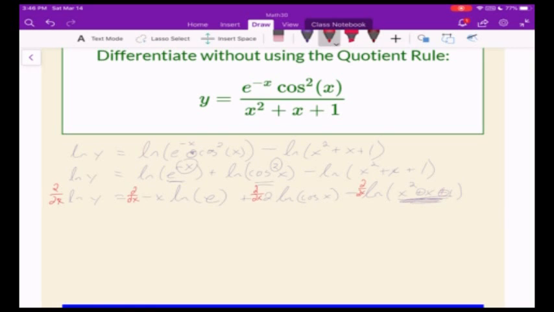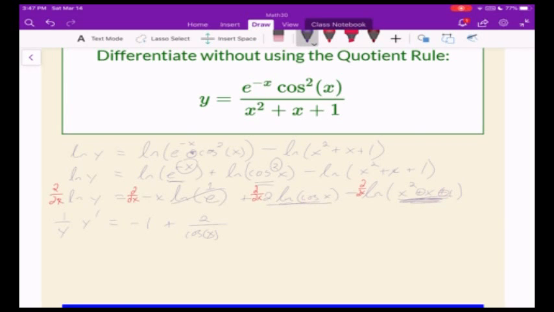All right, but now we're going to take the derivative of everything, d/dx, d/dx, d/dx. I'm just taking the derivative of each term, and I'll use the chain rule where necessary, so this is 1 over y, y prime. On the right side, keep in mind natural log of e is just 1, so really I'm taking the derivative of negative x, which gives me negative 1.